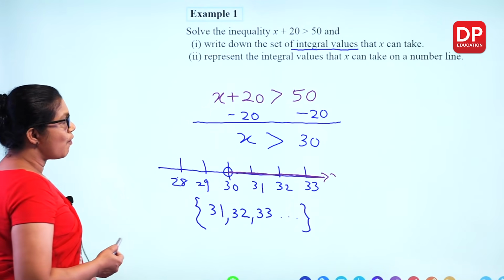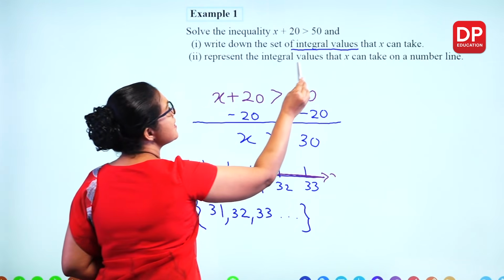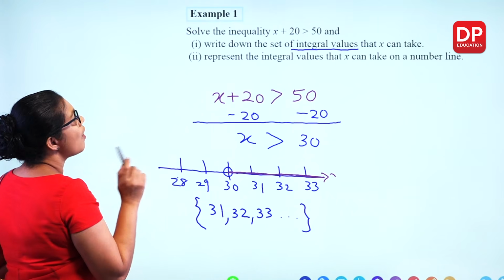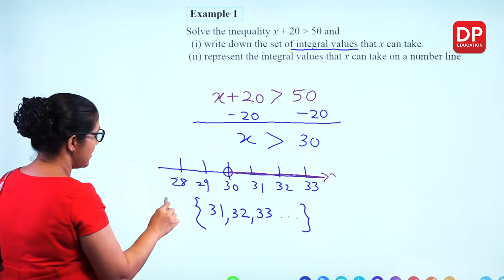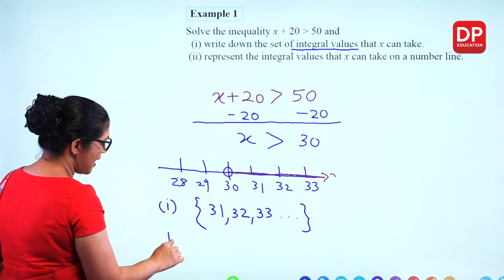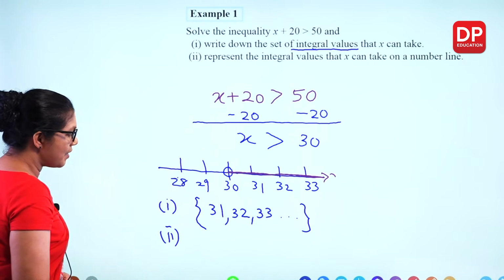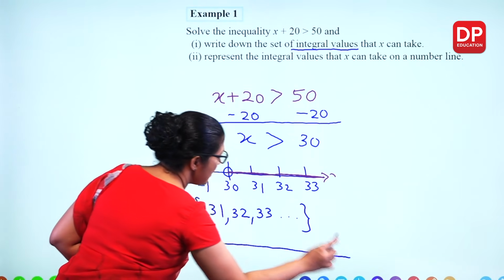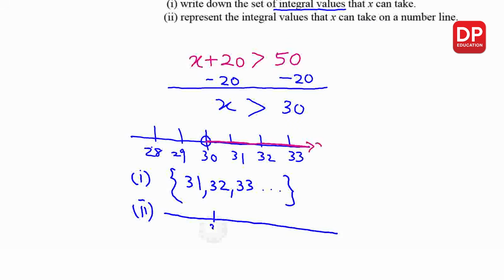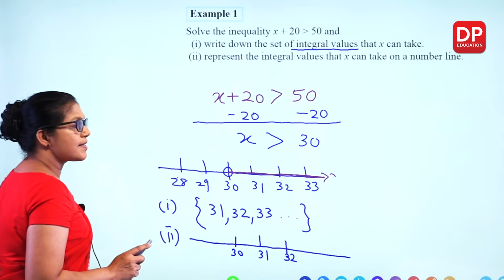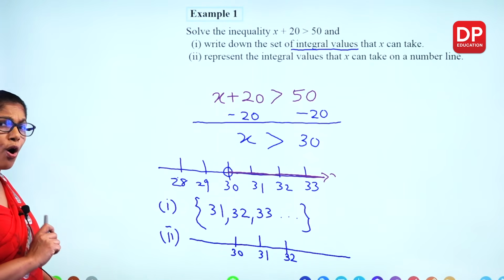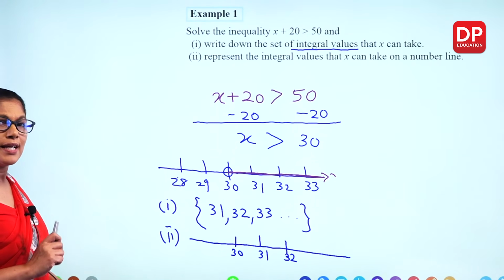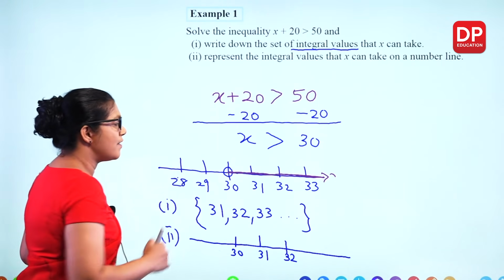And if I want to represent this on a number line, so these are the integral values, and I'm trying to show that on a number line like this. You can't draw a line here. Why? A line represents real numbers, all numbers in between 30 onwards.